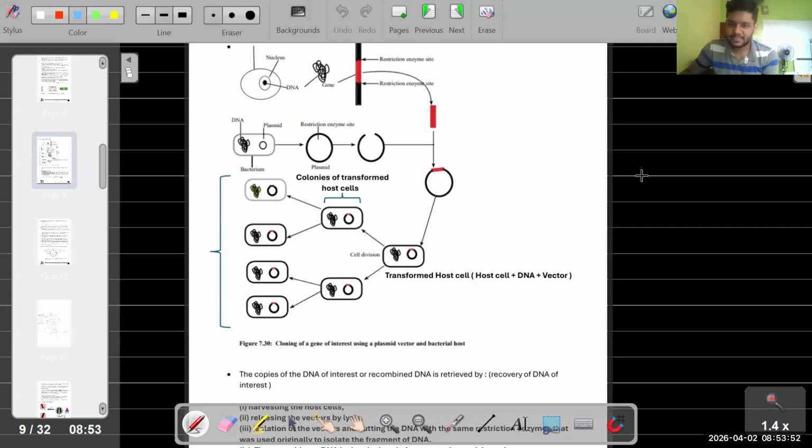Now we are coming to an exam, right? We are writing an exam. We should expect two possibilities: one is we pass, and the other is we fail. Similarly, here also there are two possibilities. One, the vector takes the DNA and forms a recombinant vector, or it rejects it. Will you agree with that?